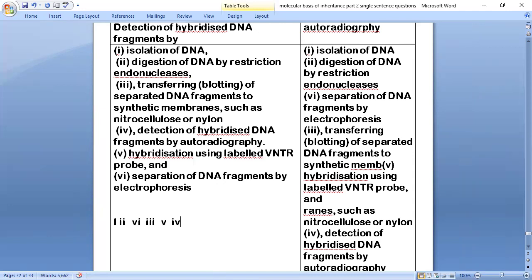It is the one and only question in NEET from this particular area, other than expressed sequence tag and sequence annotation.